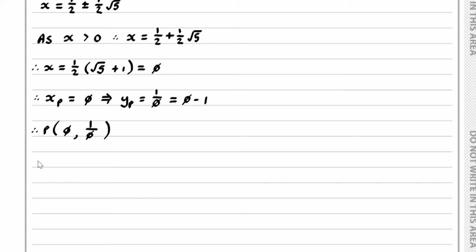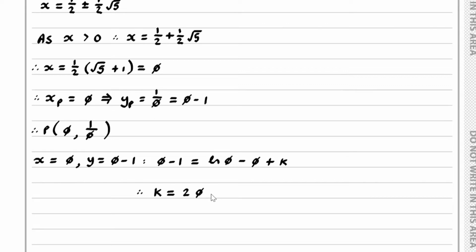And therefore, when x is equal to phi and y is equal to phi minus 1, in other words, what P is, we have phi minus 1 equals the natural log of phi minus phi plus k, in which case we can conclude k is equal to 2 phi minus the natural log of phi minus 1.